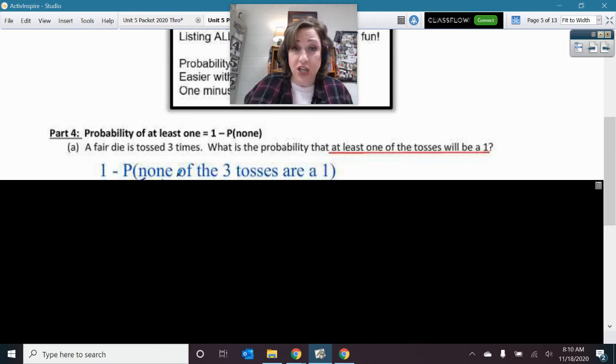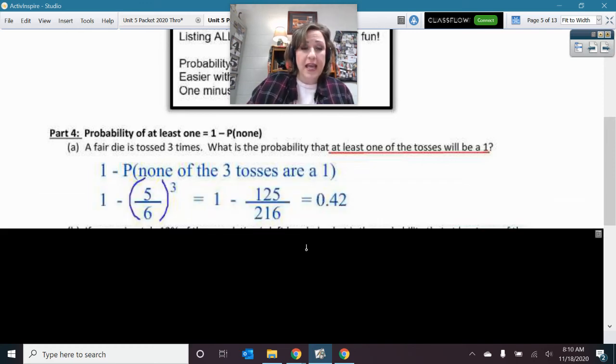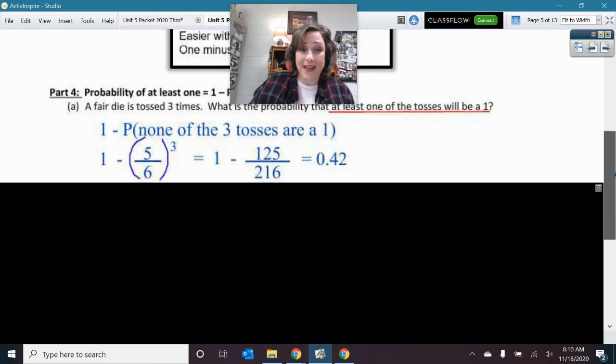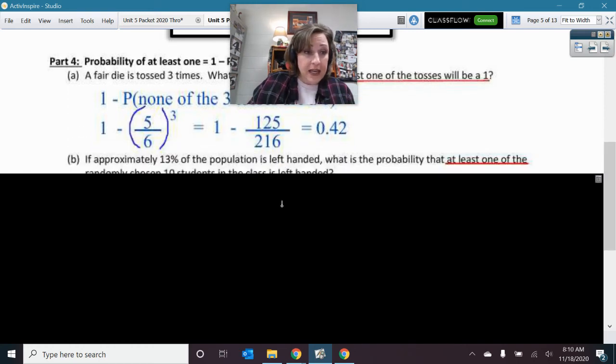Years of experience have taught me this, that if I just go 1 minus probability of none, what do you mean none? Then we get lost in what the details are that we're doing none of. We are saying none of the 3 tosses are 1. And so 1/6 is 1. So none of the 3 tosses is 1. And that's how you come up with that.